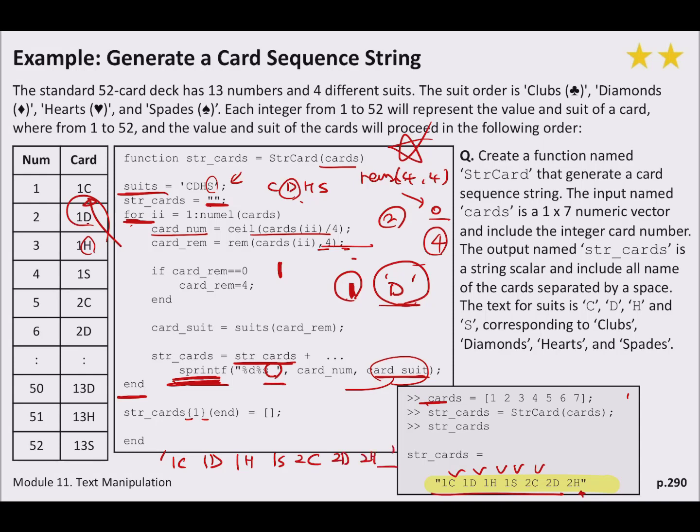You are accessing the last element and assigning this empty value, so you can remove this space. That's why I finally get this one. Does it make sense? Okay.